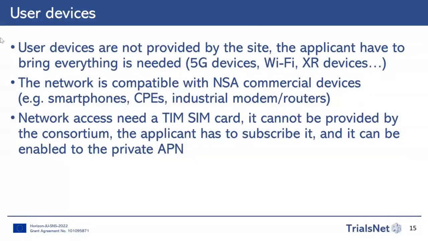The network access obviously needs a SIM card by TEAM. Also, the project cannot provide this SIM card, but it is possible to subscribe and to enable such SIM cards to the private APN just during the execution.